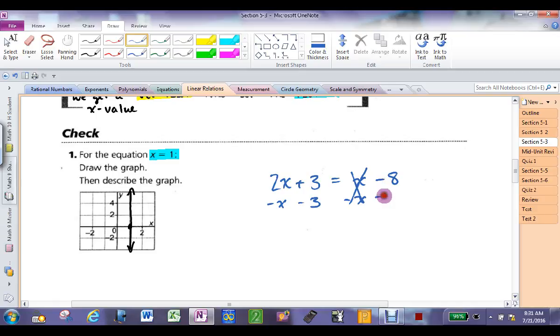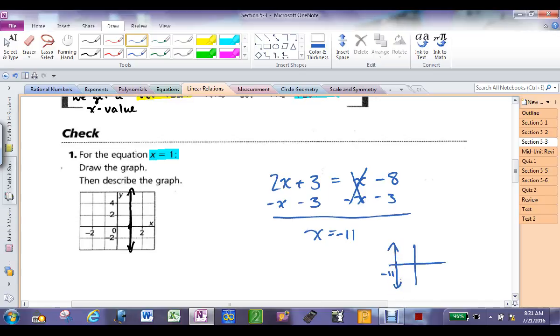Okay. Minus 3. So then I would get x equals negative 11. Everybody cool? Now I can graph it. How would I graph that? There's 0. Where's x equals negative 11? Over to the left. I'm going to label it at negative 11 and then I can draw my line.